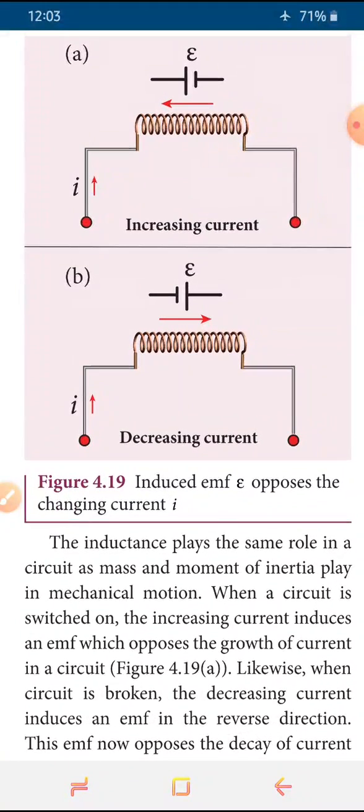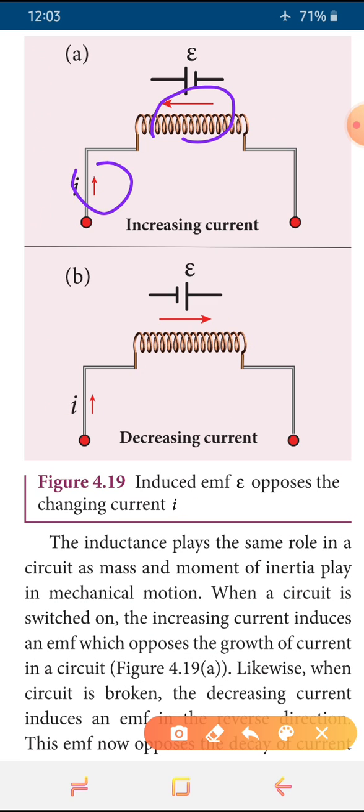For that we have two figures, figure 4.19a and b. See the first figure, a. It is connected with the EMF, and the current direction is given. The EMF produced in this coil acts opposite to that current, so it is opposing.